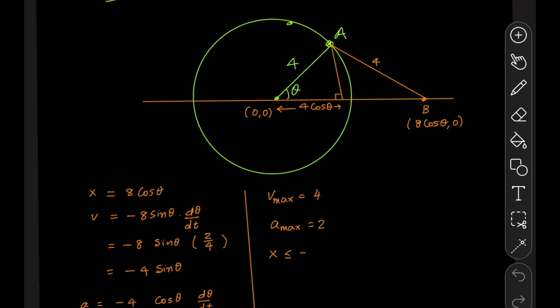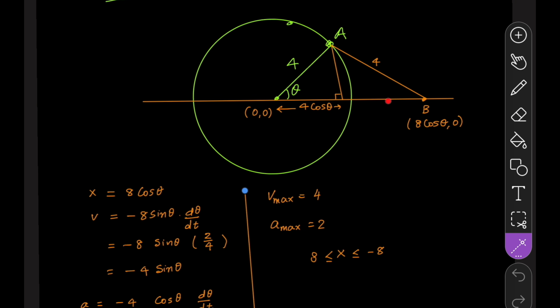And the range of x will be from minus 8 to 8, easily seen from this expression, because cos theta varies from minus 1 to 1. So the particle will move from (8, 0) to (minus 8, 0) as particle A moves from here to here. And when particle A comes back, B will move from minus 8 to 8 again.